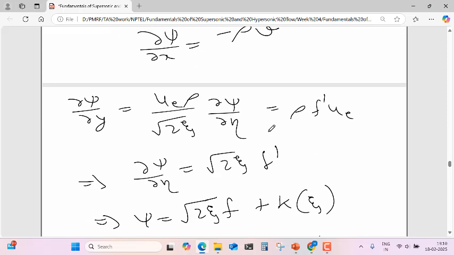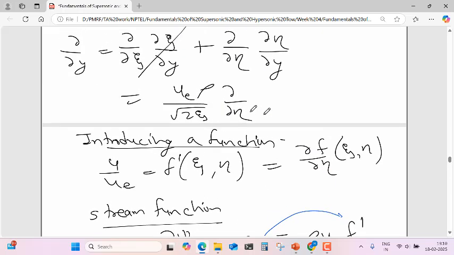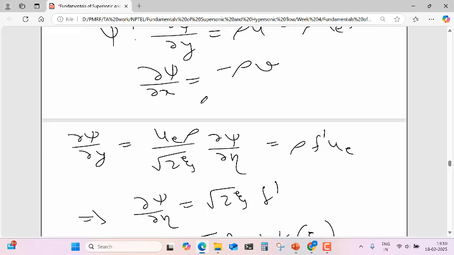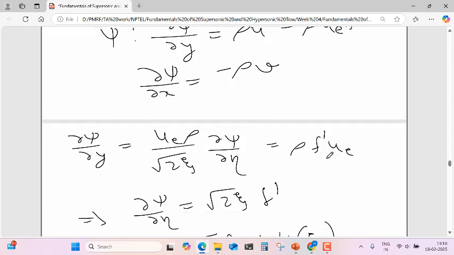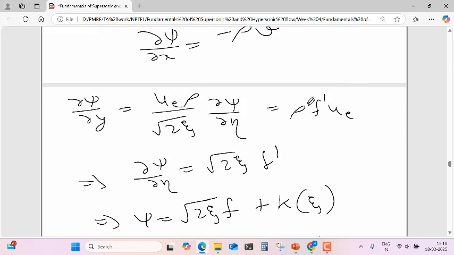Now if you find the ∂psi/∂y, from this relation, ∂/∂y, we put this term, so ∂psi/∂y equal to u_e rho upon under root 2 xi ∂psi/∂eta, and this term is equal to nothing but this rho u_e f dash. So this rho_e and u_e will cancel, and ∂psi/∂eta equal to under root 2 xi f dash.